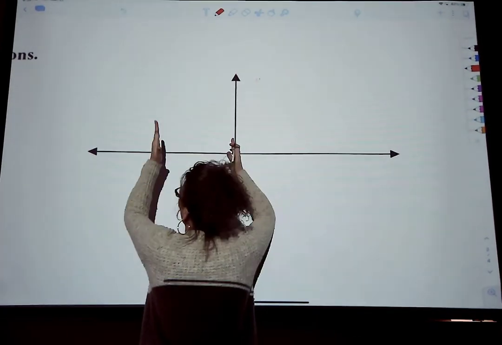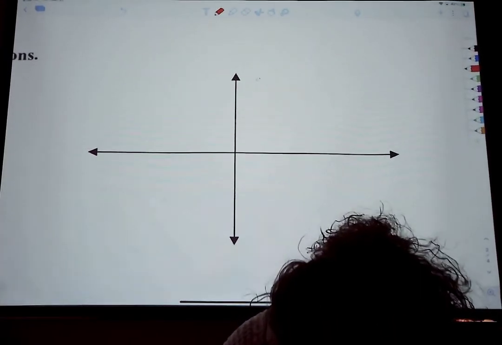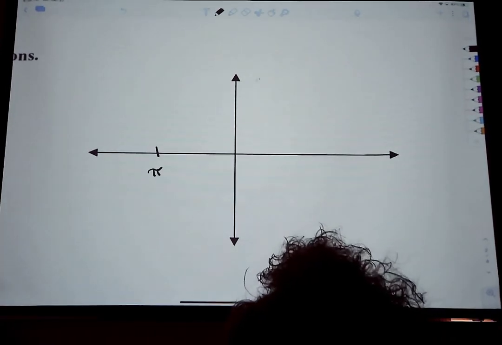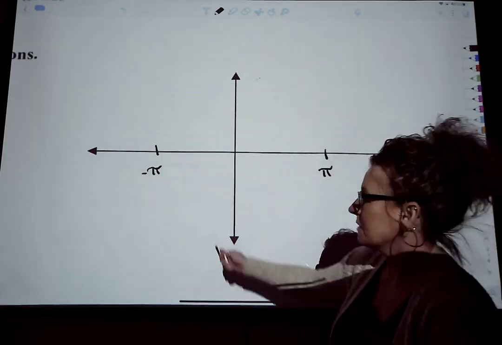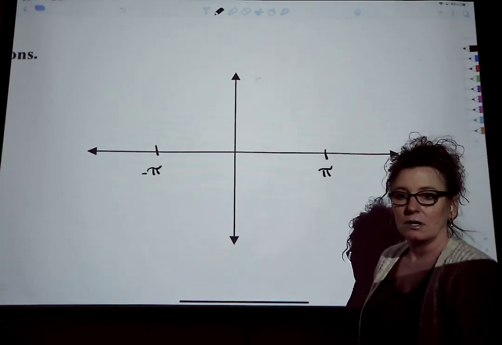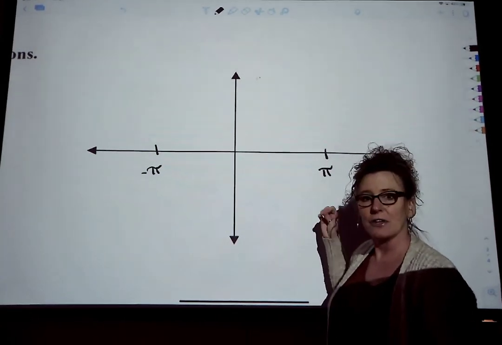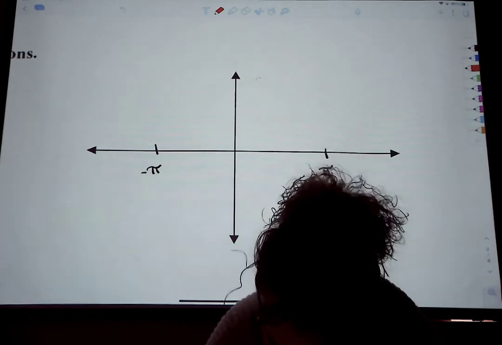So I want you to go 1 pi here, 1 pi here. Okay, that one's negative, that one's positive. Now, from here to here, is that a width of 2 pi? Yes, it is. That's where your asymptotes go. Put them there.